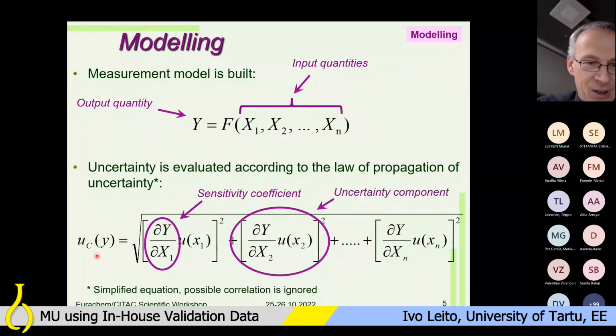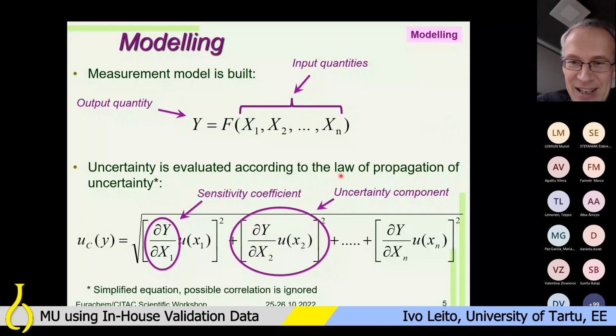And then the combined standard uncertainty of the result can be calculated via this formula, which is presented in many different documents and which looks very, let's say, difficult, but actually is not so very difficult.